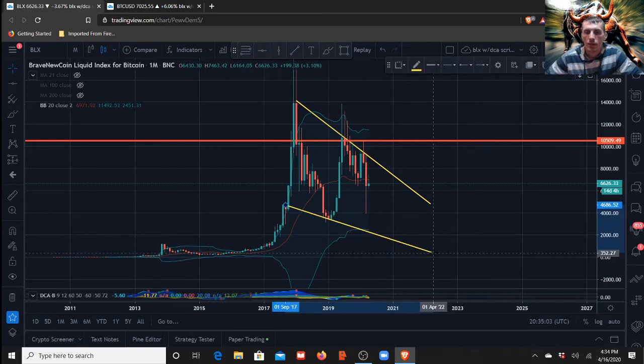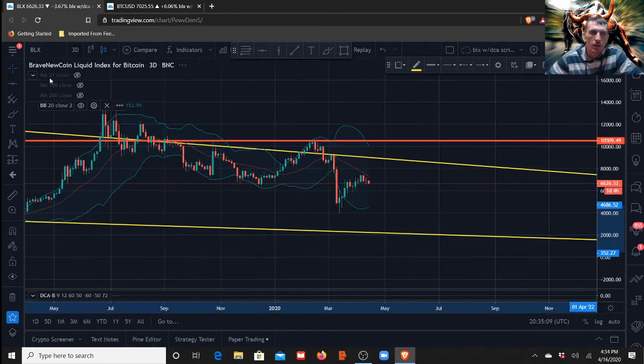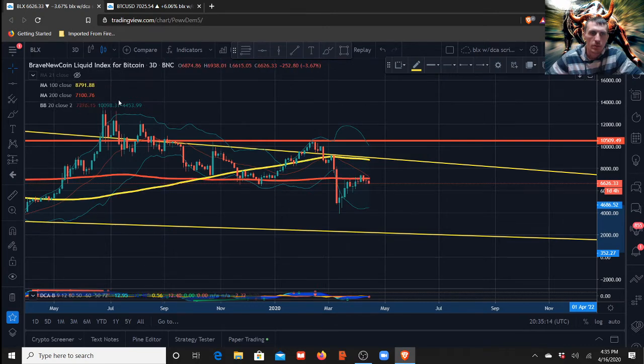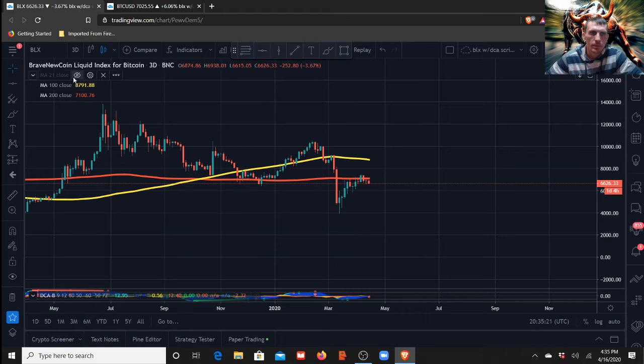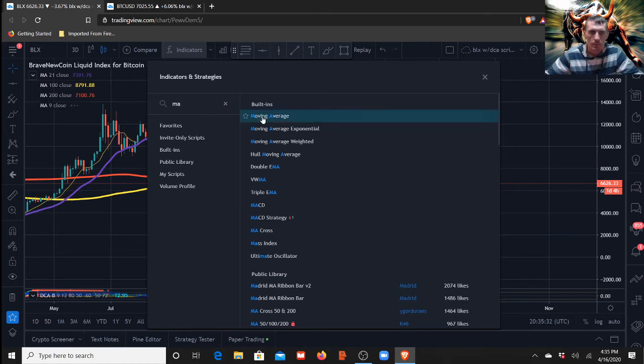And now I'm also looking at these death crosses that we have on the, get rid of this Bollinger band. We got some death crosses coming up on the 2 and 3 day, so it's something to be aware of.